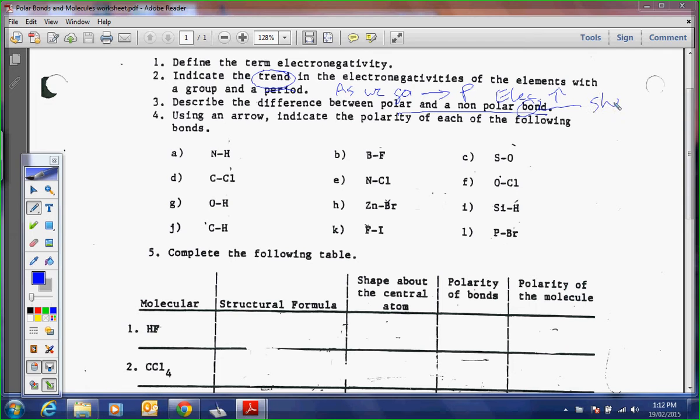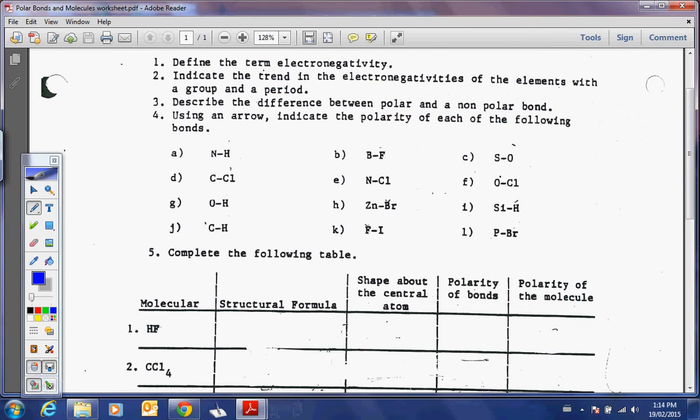I want to see the words shared pair of electrons for both, where non-polar would be equally shared and polar would be unequally shared pair of electrons. But it's important that we understand that they're both shared pairs of electrons. Therefore, we're talking about covalent bonds, because that's the definition for a covalent bond. Okay? Happy?